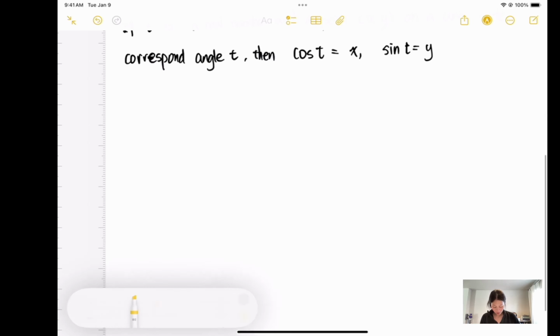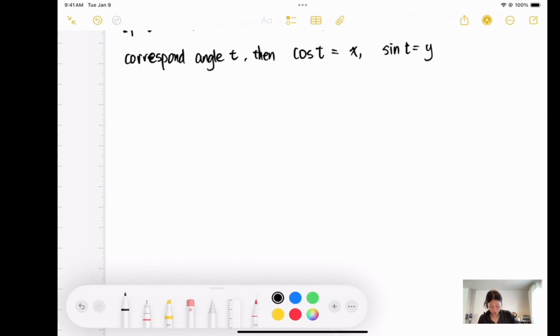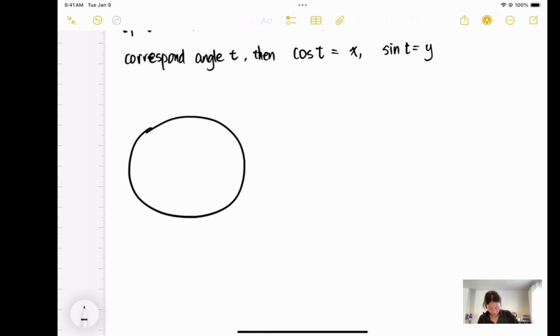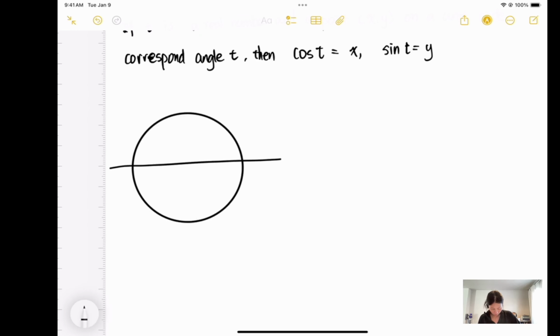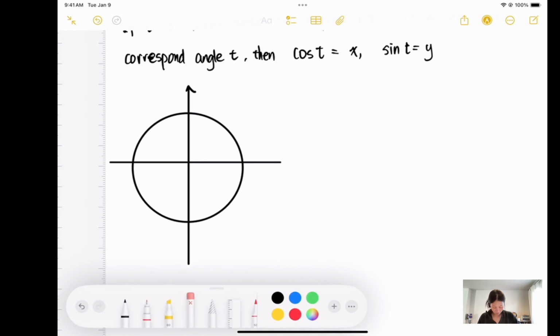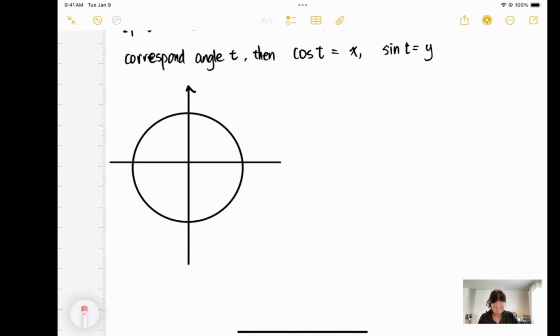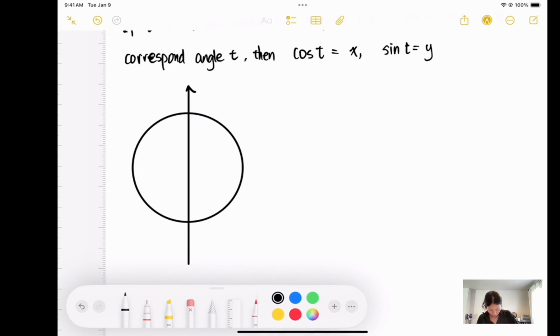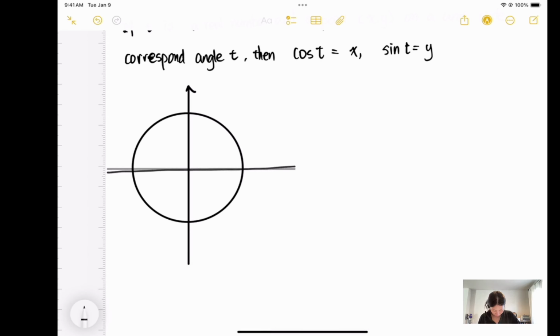Okay, so let's have an example. This is a unit circle. And then we have an angle in here.